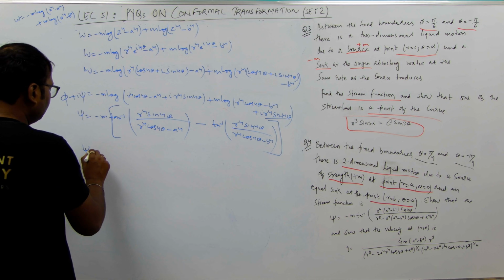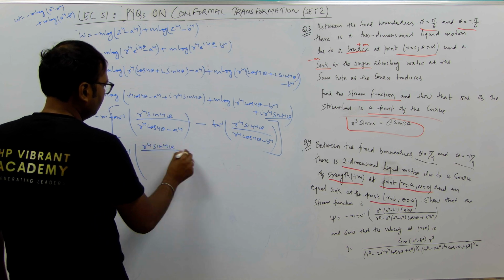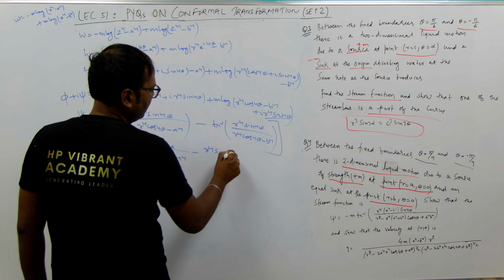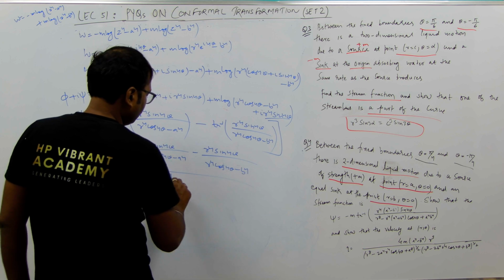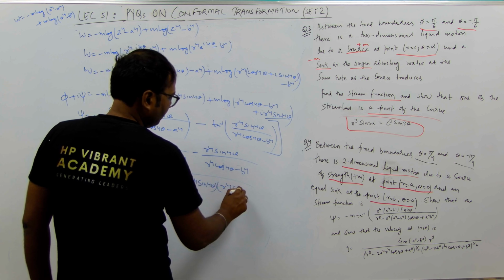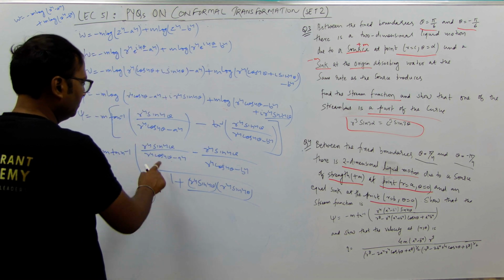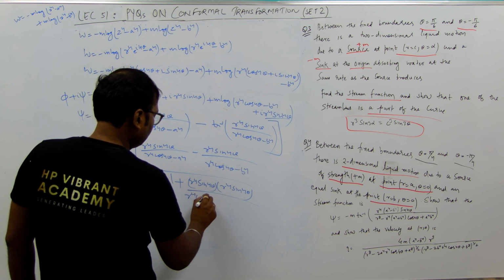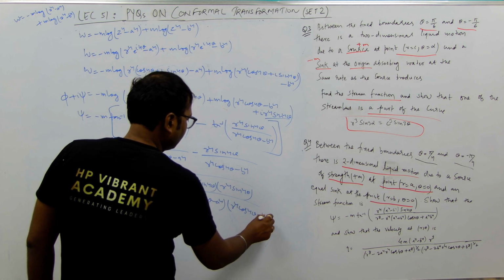So we have psi is equal to minus m tan inverse of [r4 sin 4 theta upon (r4 cos 4 theta minus a4) minus r4 sin 4 theta upon (r4 cos 4 theta minus b4)] upon [1 plus r4 sin 4 theta into r4 sin 4 theta upon (r4 cos 4 theta minus a4)(r4 cos 4 theta minus b4)]. Let us simplify this.